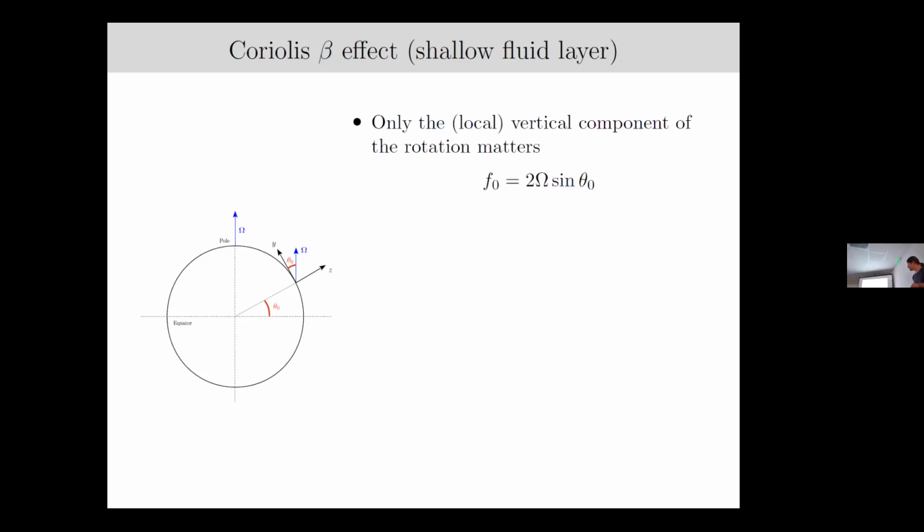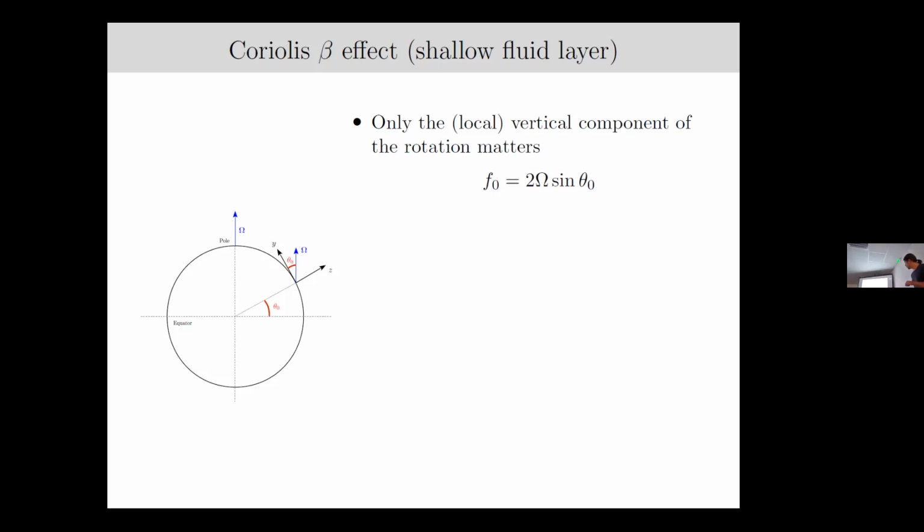You can project it, and the first order component you get is the component along the local normal. You don't care about the other component because the fluid cannot move in the other direction. So the Coriolis acceleration, 2 omega, is modulated by sine theta naught, where theta naught is the colatitude that you choose. So you get the full Coriolis acceleration at the pole and nothing at the equator, and this is only due to the fact that you have a very thin layer.